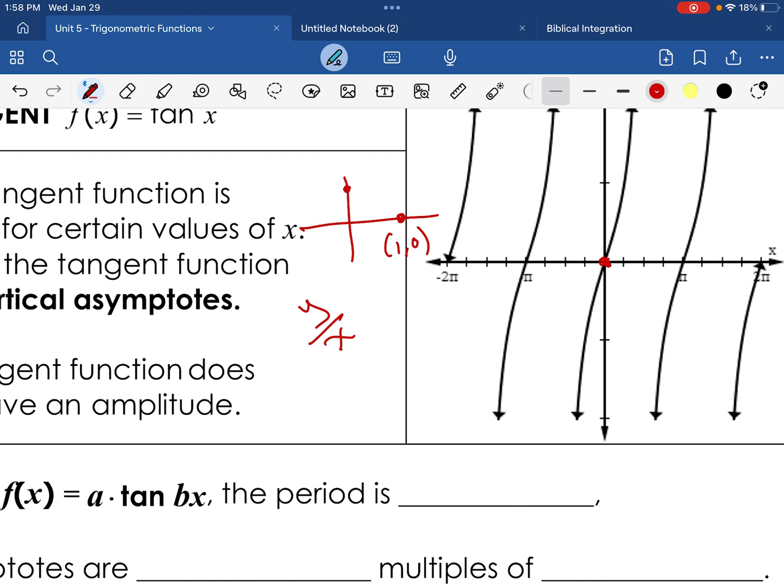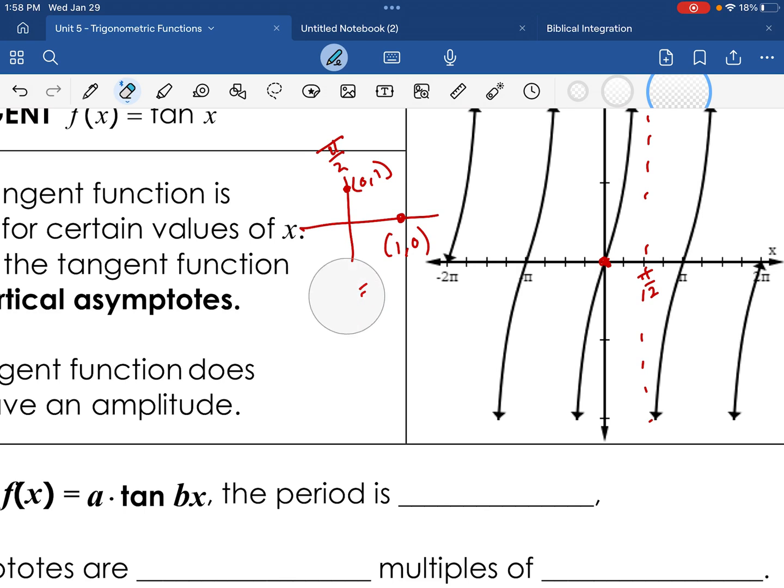But here, you're going to have 0, 1. And that's pi over 2, right? And when you do 1 divided by 0, you're going to get undefined. And so at pi over 2, which is right here, you're going to have an undefined spot where tangent doesn't work. And you can tell that on the unit circle.